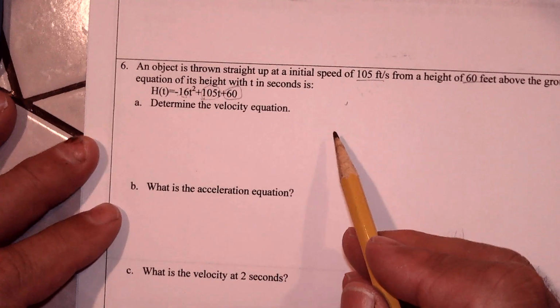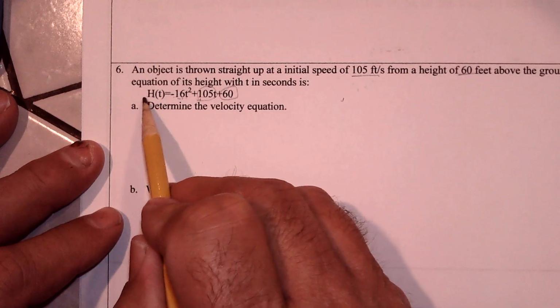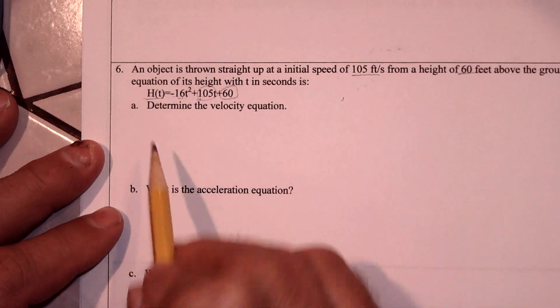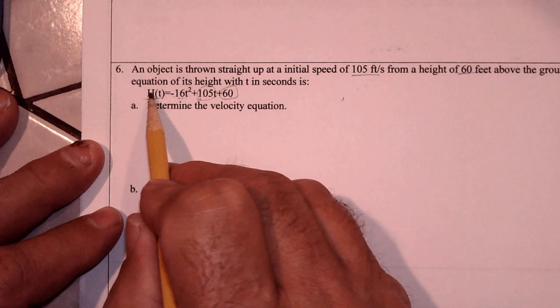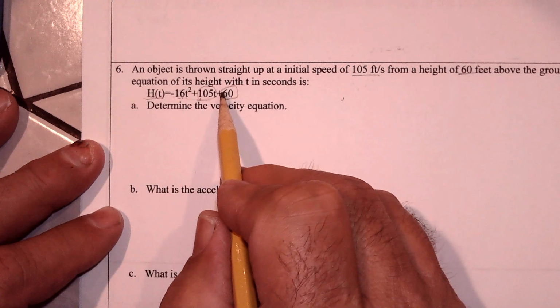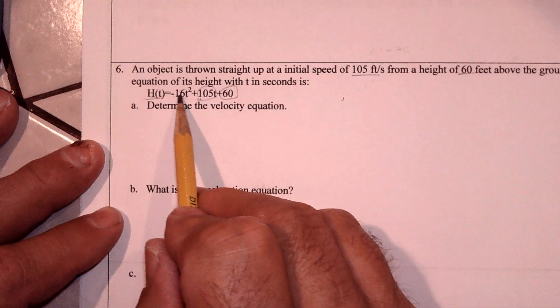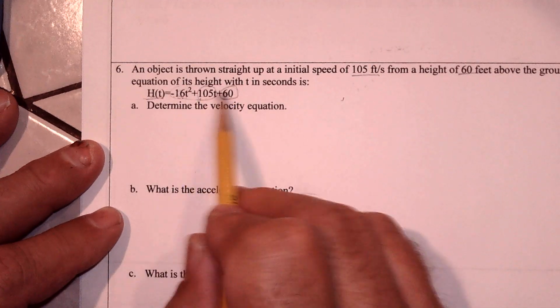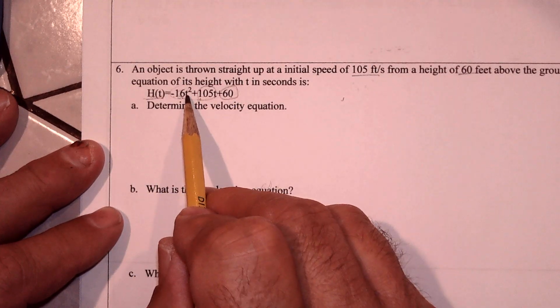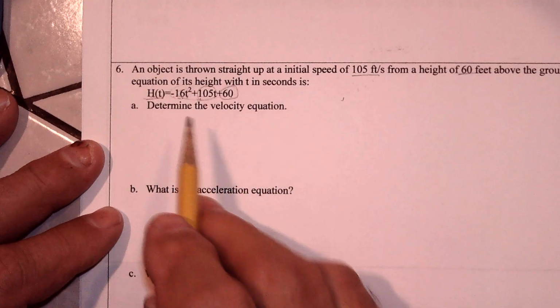But the main idea is the position or the height or the distance something traveled, its derivative, since this is in feet, and the derivative finds the slope, it would be feet per second, because that'd be the change in y over the change in t, and t is in seconds.